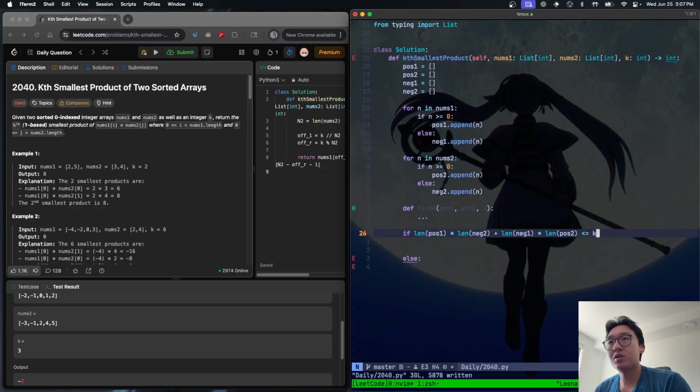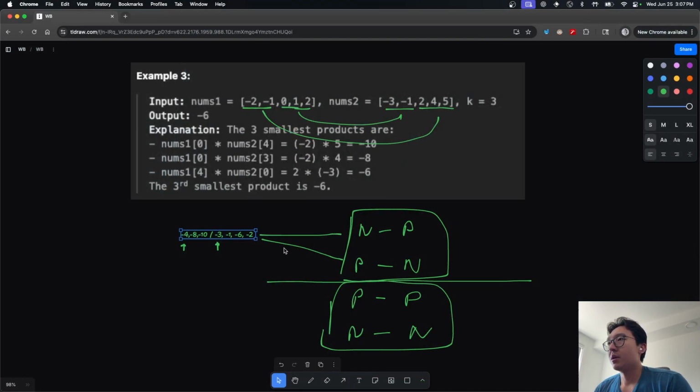And then if it's the first one, then we can just do, hmm. Now the problem here is that if these are two pointers, we actually have to do four pointers.